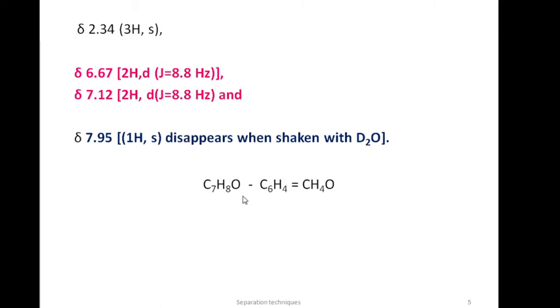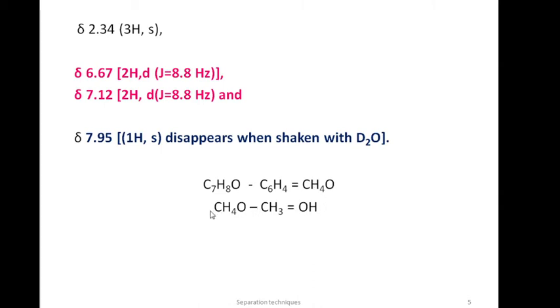The formula was C7H8O. So we said this is aromatic. One substituent is here and another substituent is here, so it has 2 substituents. In C6H6, we are going to remove 2 hydrogens for the substituents, so that aromatic group will become C6H4. From the formula C7H8O, if you remove C6H4, we get CH4O.